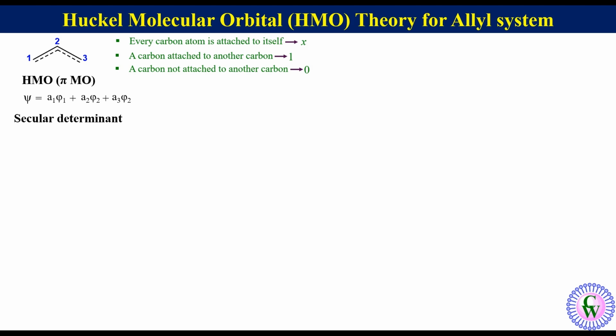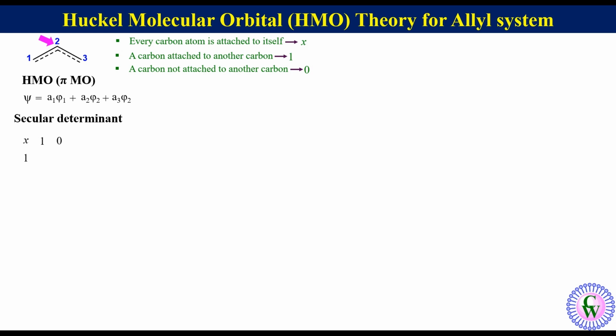Now let's make determinant. For that, first consider C1. Since C1 is attached to itself, so put X here. And C1 is attached to C2, so put 1 here. C1 is not attached to C3, so put 0 here. Now consider C2. Since C2 is attached to C1, so put 1 here.